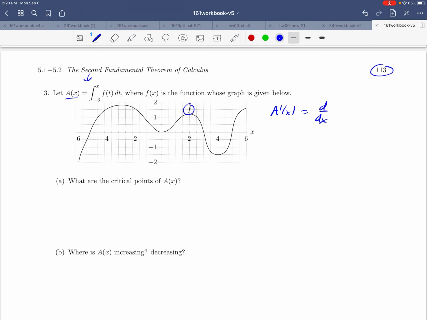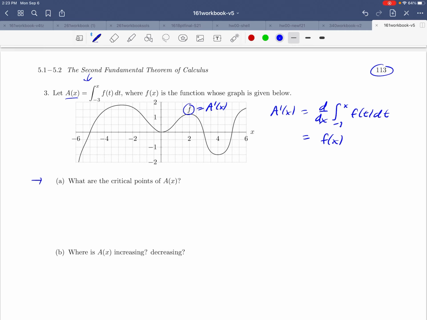Specifically, we're really taking the derivative of an integral. We've talked about how essentially the derivative and the integral cancel each other out in that situation, and we get the function on the inside. So what that means is that this function f that we're given is also the derivative of A. That's going to be a key observation as we work our way through this problem.